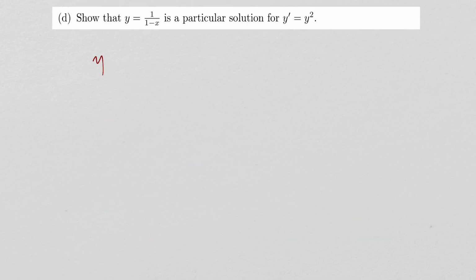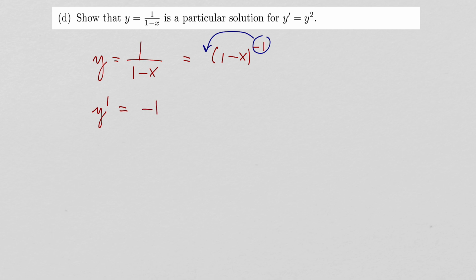In D, the function was 1 over 1 minus x. Its derivative we can calculate in many ways. Well, maybe it is best to write the function again in this way. Now the power minus 1 will drop there. When we differentiate, we'll get minus 1 times 1 minus x.